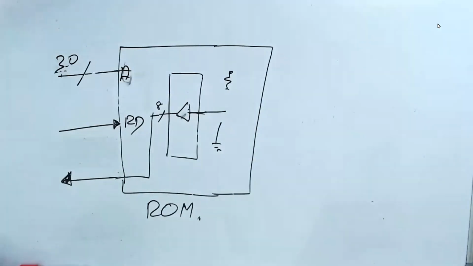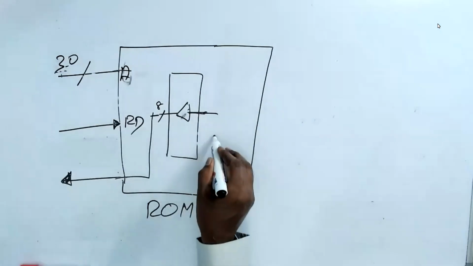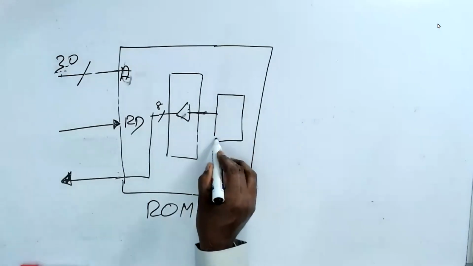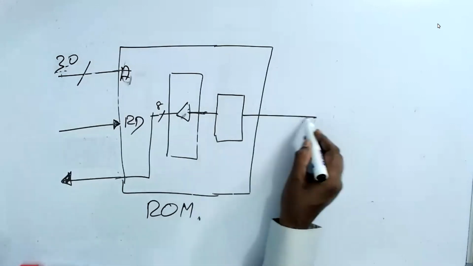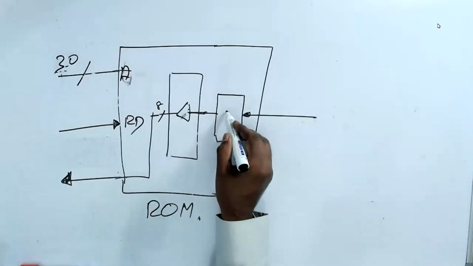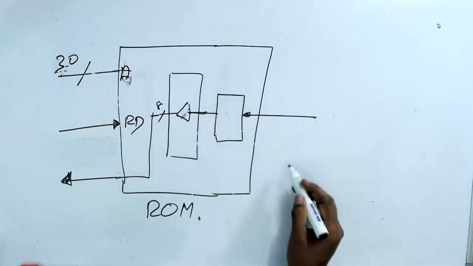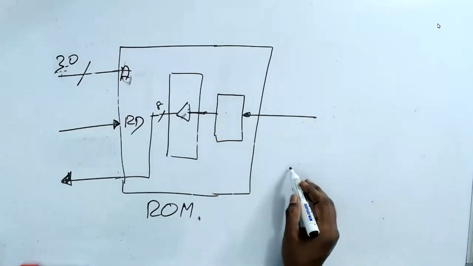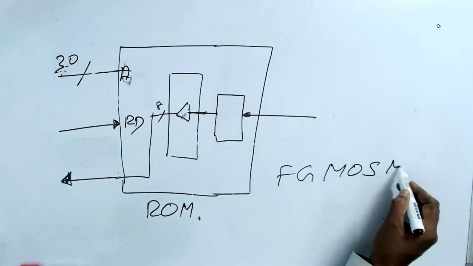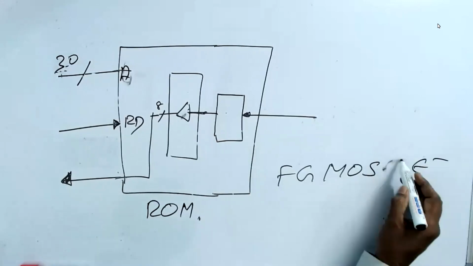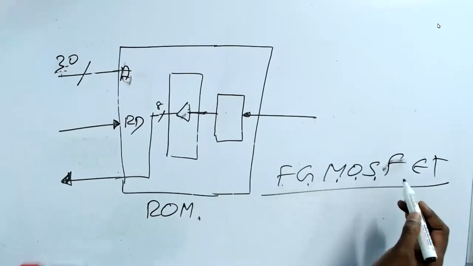But there the engineers did a good thing. They made a small block here inside the IC, which you can give a signal to from outside and change the switches. For that, they use a transistor called FG MOSFET, floating gate metal oxide semiconductor field effect transistor.